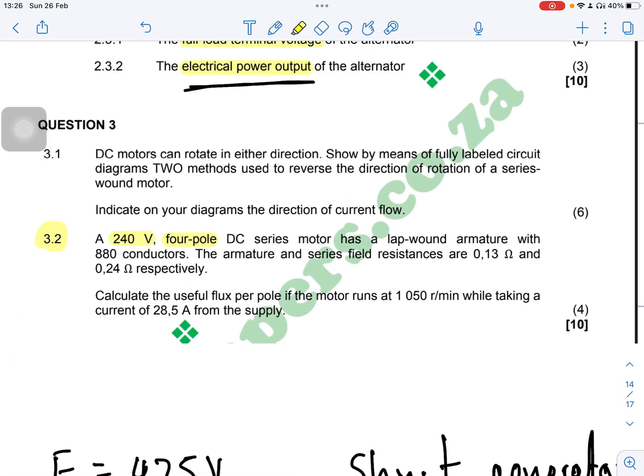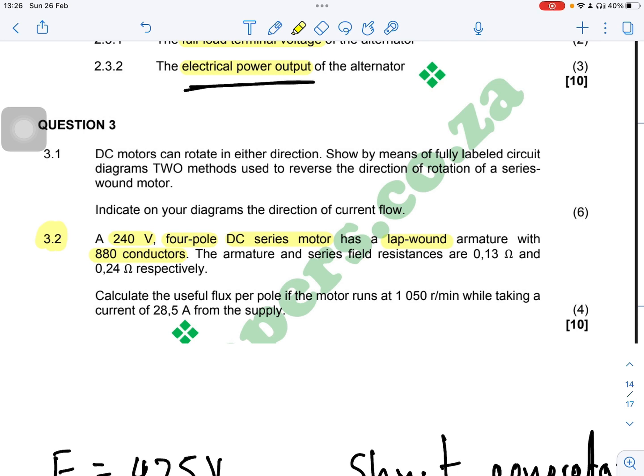It's a DC series motor. It's important to note what type. It has a lap-connected armature, which is important information because it tells us about the type of connection, with 880 conductors.